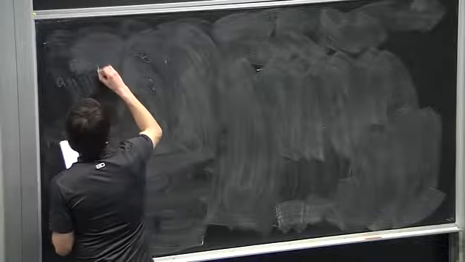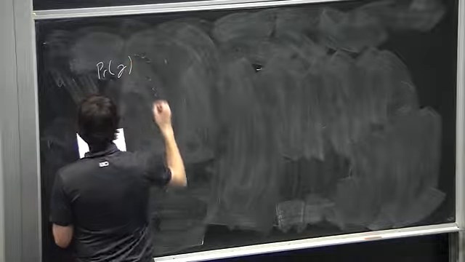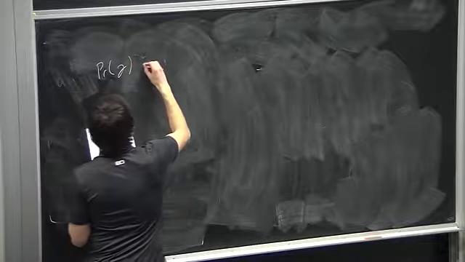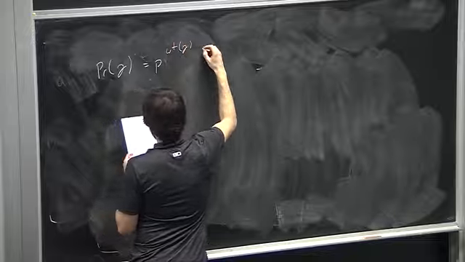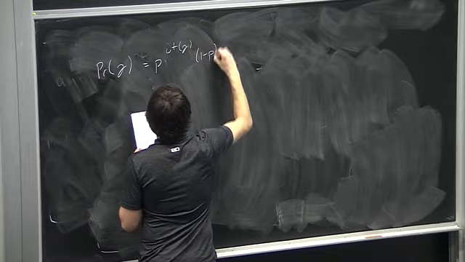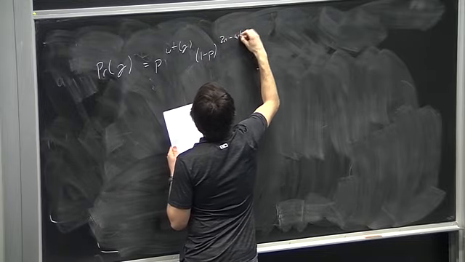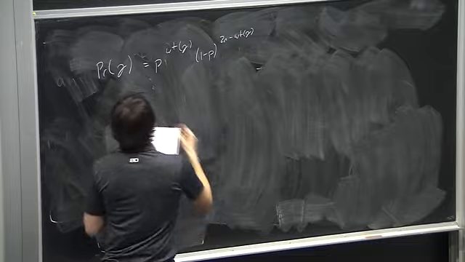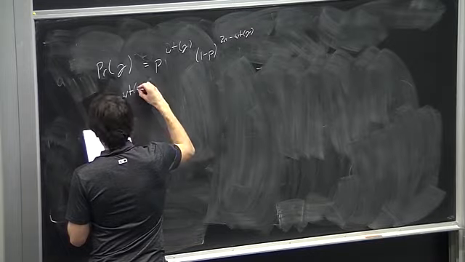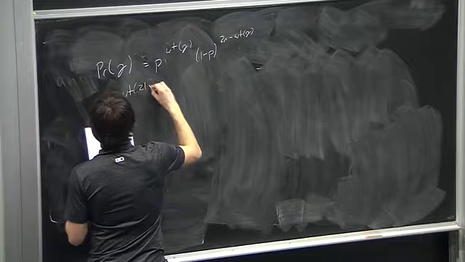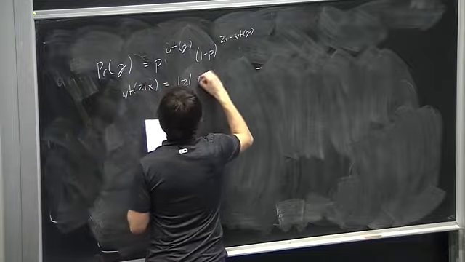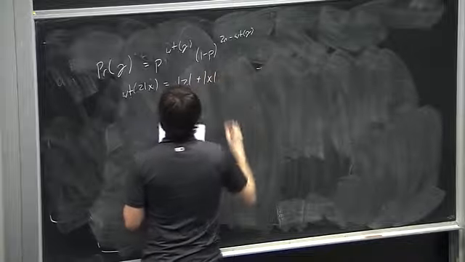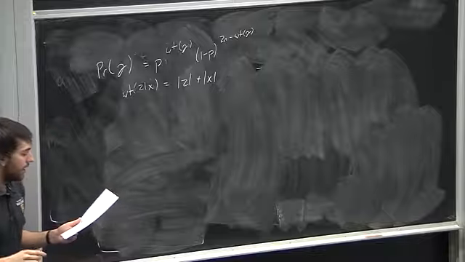So therefore, the probability of some error gamma in symplectic form is going to equal p to the weight of gamma times 1 minus p to the 2n minus weight of gamma, where here weight of some symplectic vector, zx, is defined as just the Hamming weight of z plus the Hamming weight of x, based on our Pauli channel.